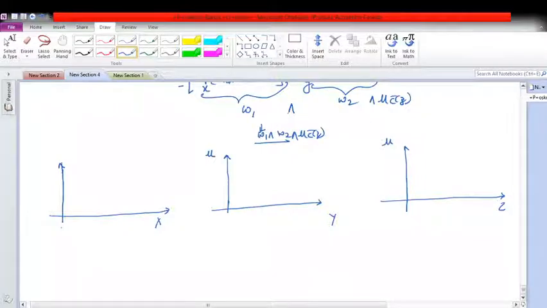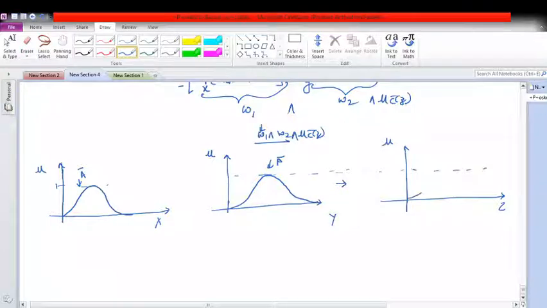Suppose I have drawn A bar like this, and there is B bar. If I have A bar and B bar, then the consequence is that I get the output C bar, something like this. Mind you, the maximum value is 1.